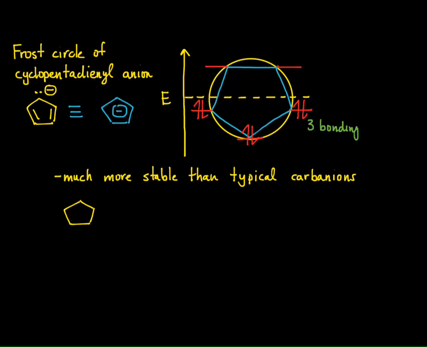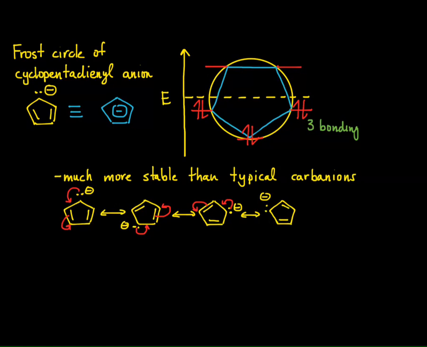And as a matter of fact, we can draw resonance structures of the anion itself, right? Donating a pair of electrons into the ring and moving a pair of pi electrons up to an isolated carbon, and the resulting resonance form looks like this. And of course you can see that I can do this again, and I get another unique resonance structure. I can do it again, and I get another, and again, and I get a fifth resonance structure.